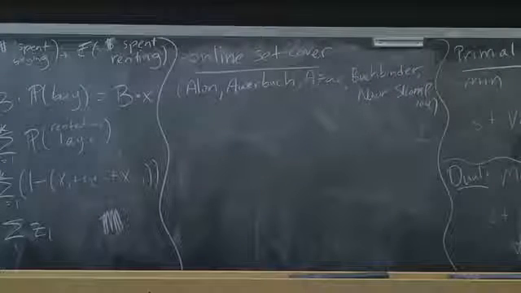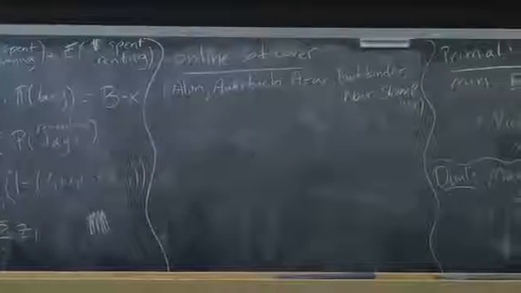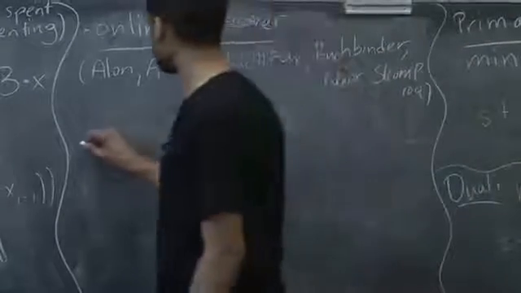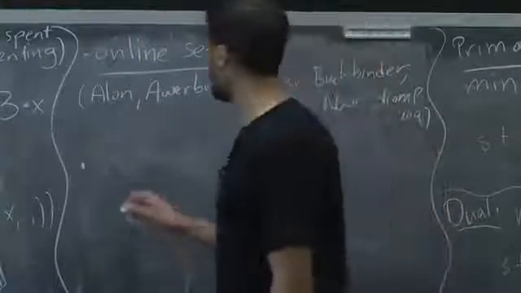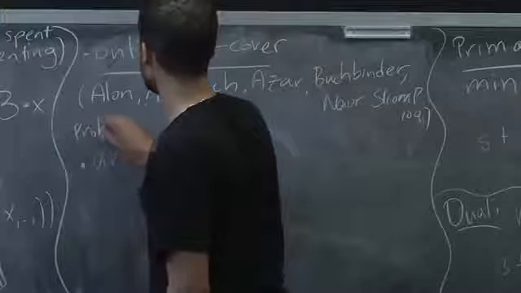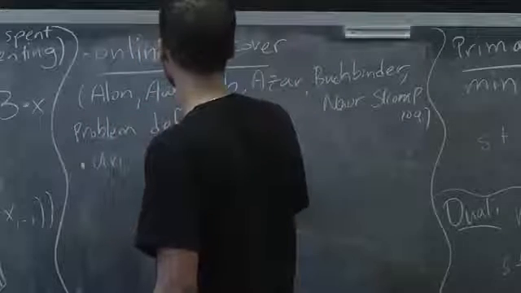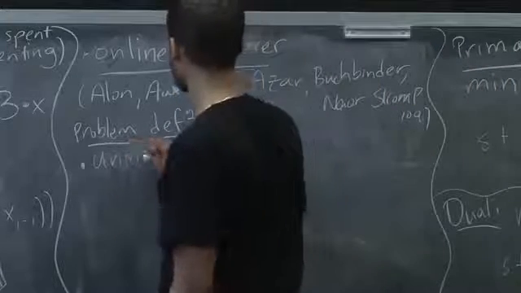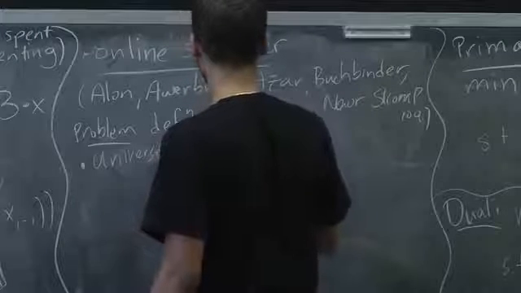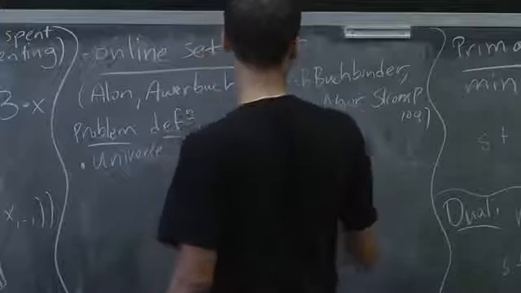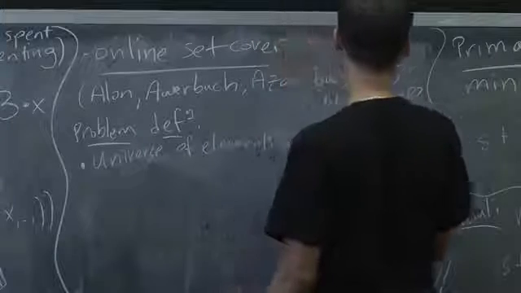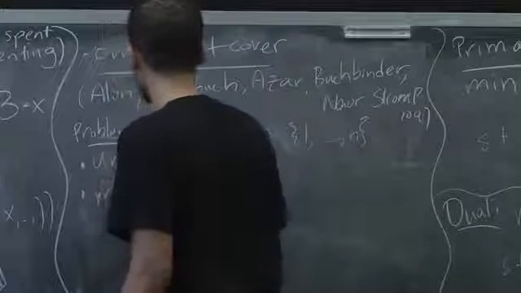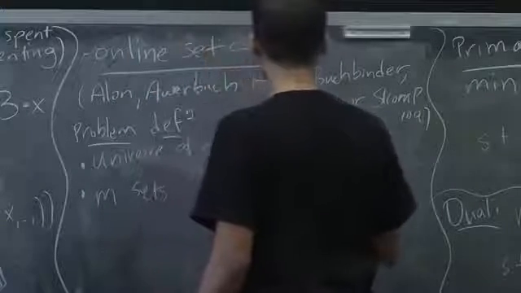Okay. So let me refresh everyone's memory and introduce some notation for set cover. We have a universe. So the problem definition. So we have a universe of elements one up to n. And we have m sets, S1 up to Sm.